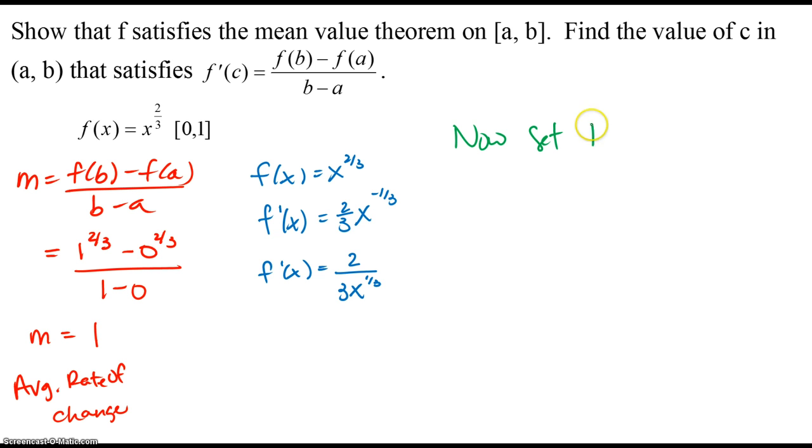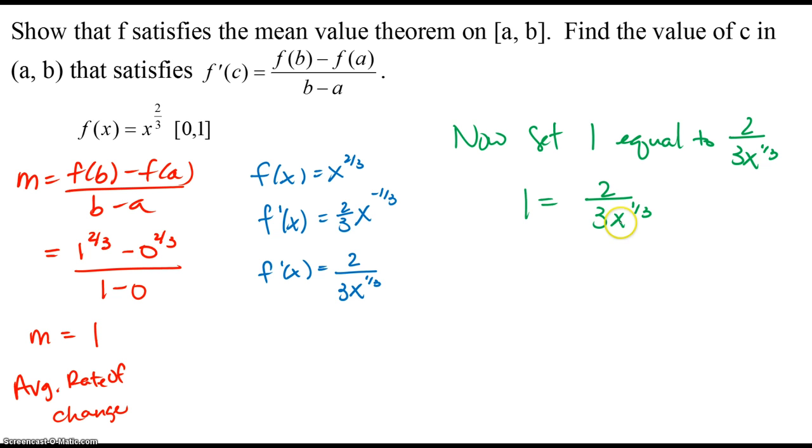So now we are going to set 1 equal to 2 over 3x to the 1/3. If we set them equal, we can solve and figure out what that x value is where these two attain the same value.